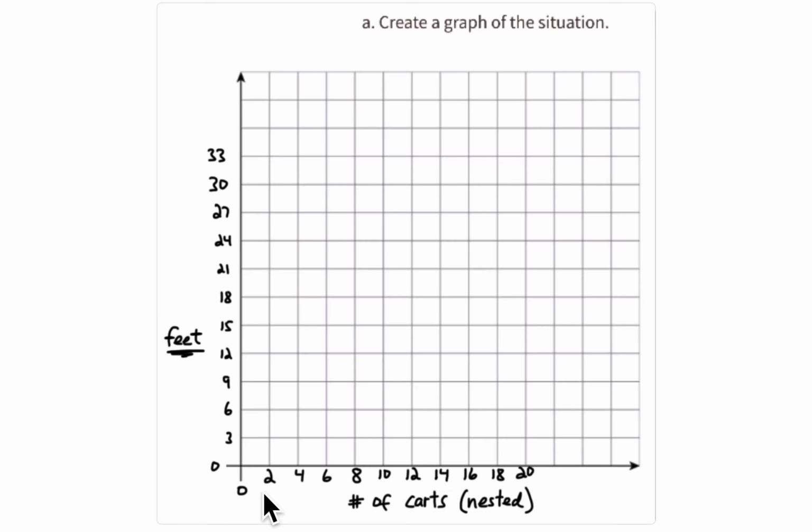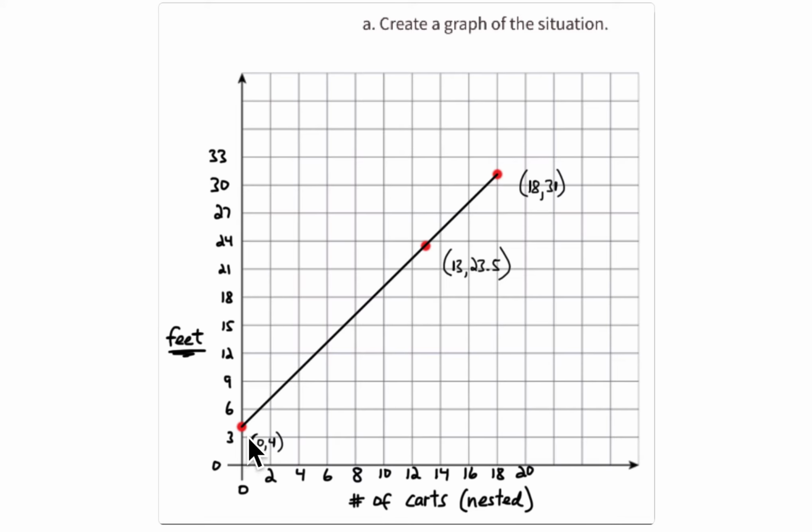So I'm going to put the number of nested carts on the x-axis and the number of feet on the y-axis. Well, if I have 0 nested carts, that starts out at 4 feet. So this is going to be a point right here, (0, 4). And then when I had 13 nested carts, that's 23.5 feet. So this point right here is 23.5. And when I had 18 nested carts, that measured 31 feet.